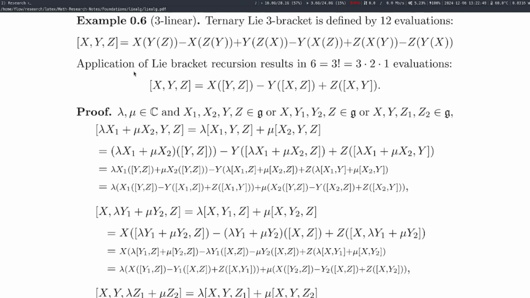And alternatively, if we apply the Lie bracket recursion, this results in 6 evaluations, which is 3 factorial.